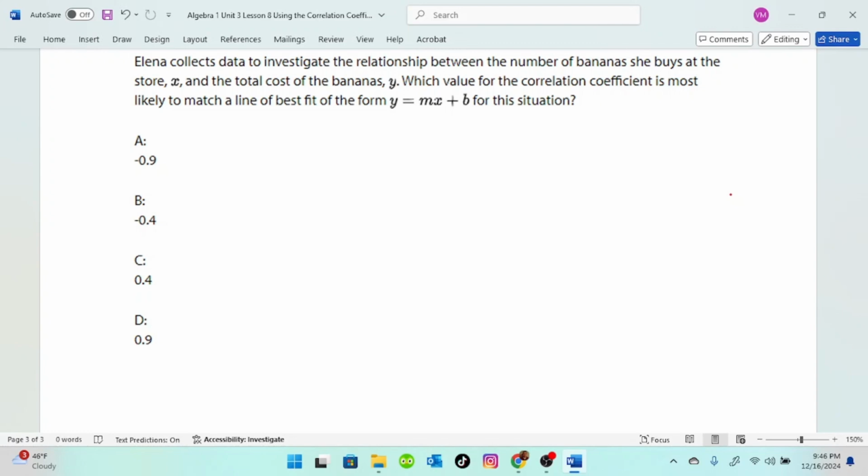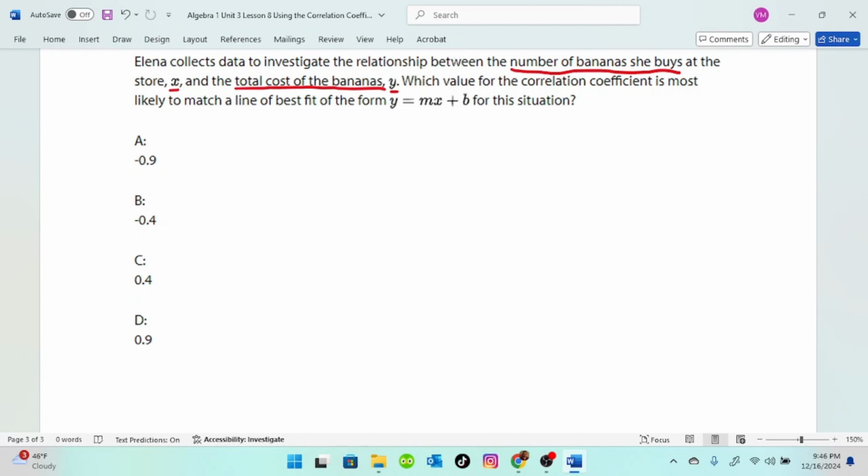So we have to think about what we're looking at. We're looking at the number of bananas she buys, and that's going to be X, and total cost of the bananas, and that's going to be Y.